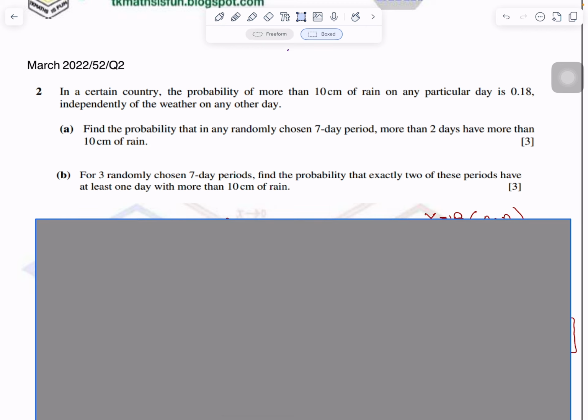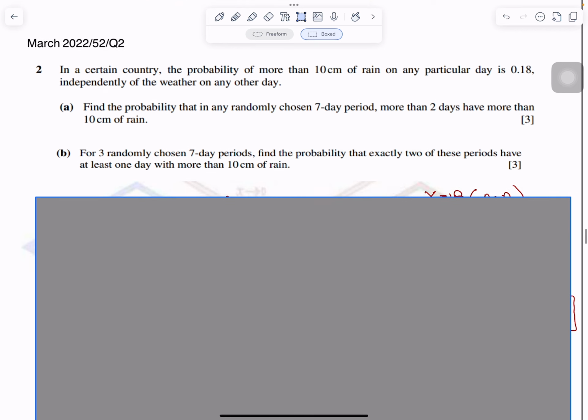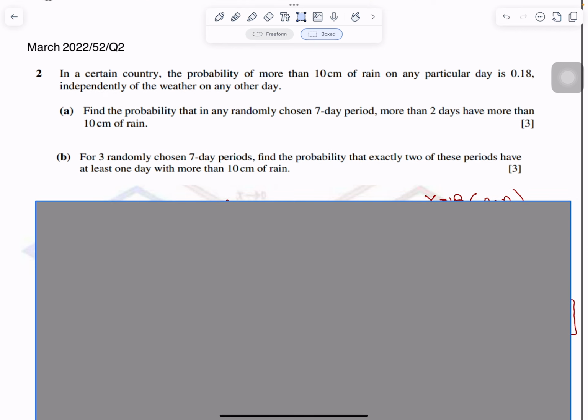So let's see. First of all, part 1. Okay, by the way, in this question, they're talking about rain more than 10 centimeter, right? And the probability that it will happen more than 10 centimeter is this 0.18 on any particular day.